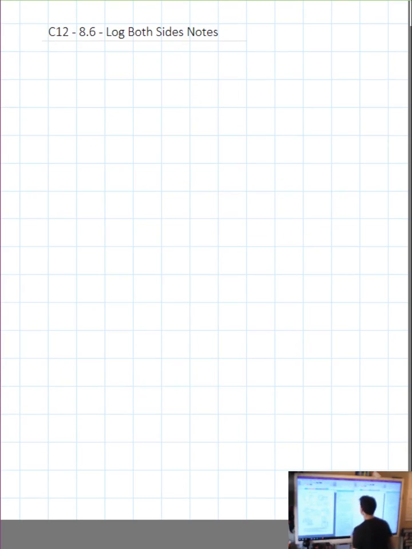Okay, so the next example in the notes is 2 to the exponent 2x minus 5 equals 9 to the exponent x plus 2. So remembering, if I want to solve for these variable exponents, I need to log both sides.